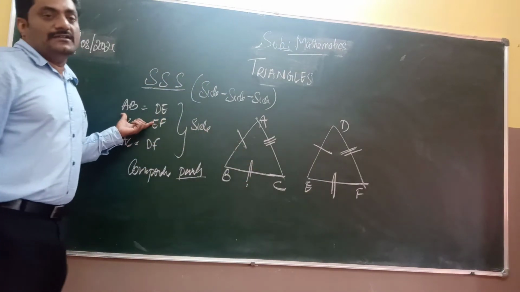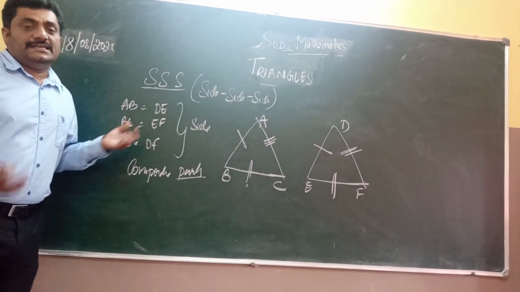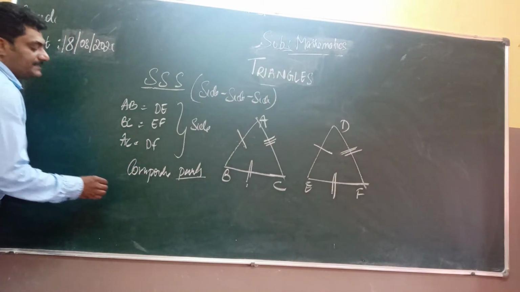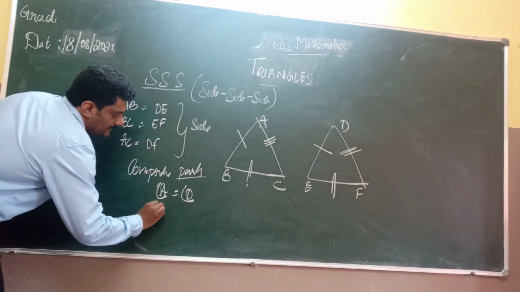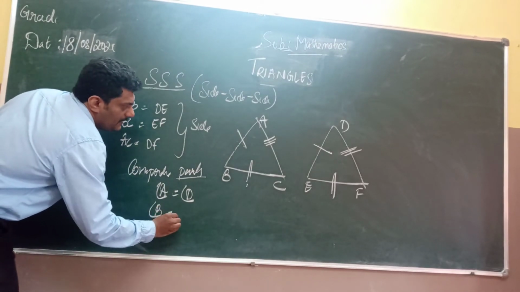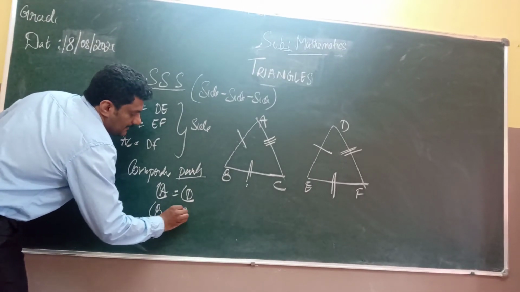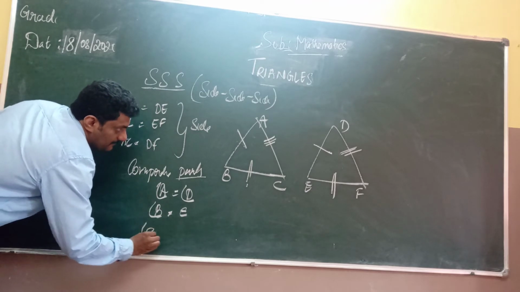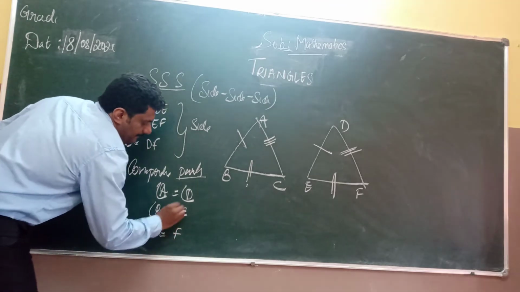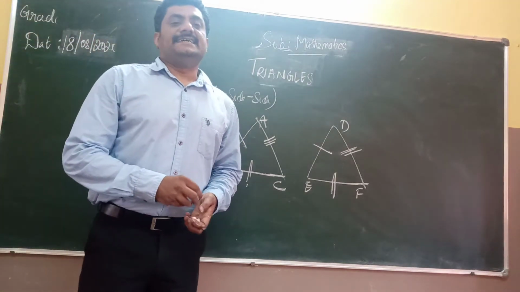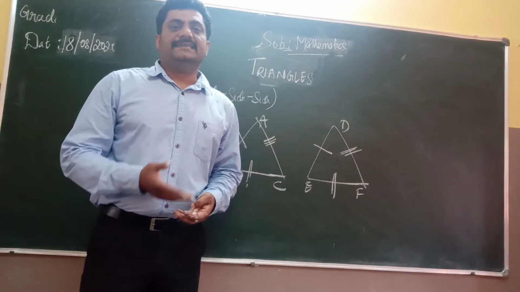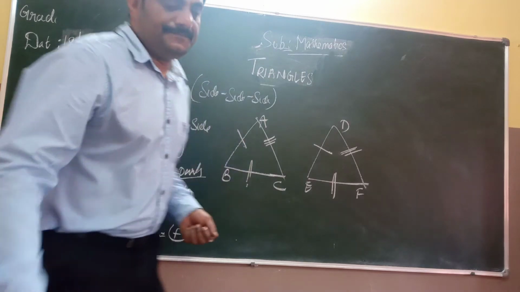Now since we know all the sides are equal, the corresponding parts will be the angles. Angle A will be angle D. Angle B will be angle E. And angle C will be equal to angle F. Now this is about the SSS. Side, side and side.